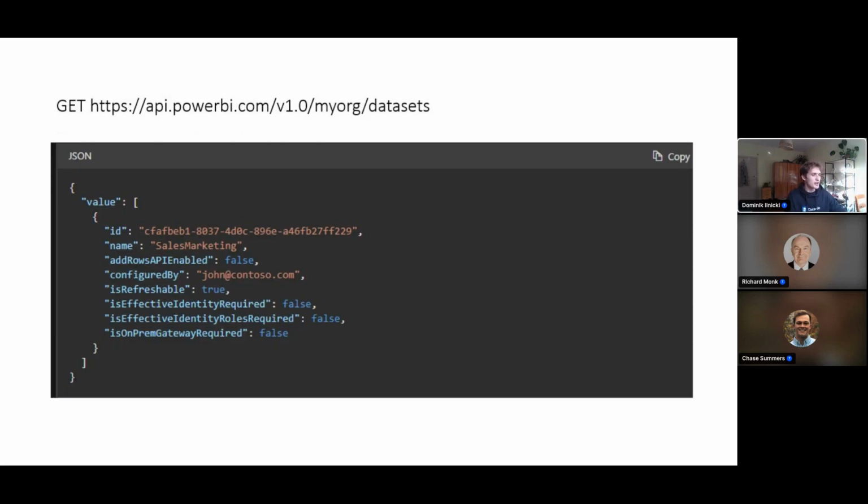So here is an example of one of the endpoints that would be useful if you decide to extract metadata and document Power BI without using a ready solution like Dataedo, or some other data catalog. You can, for example, get all of the reports and all of the datasets that sit in your Power BI using just a single endpoint, right?